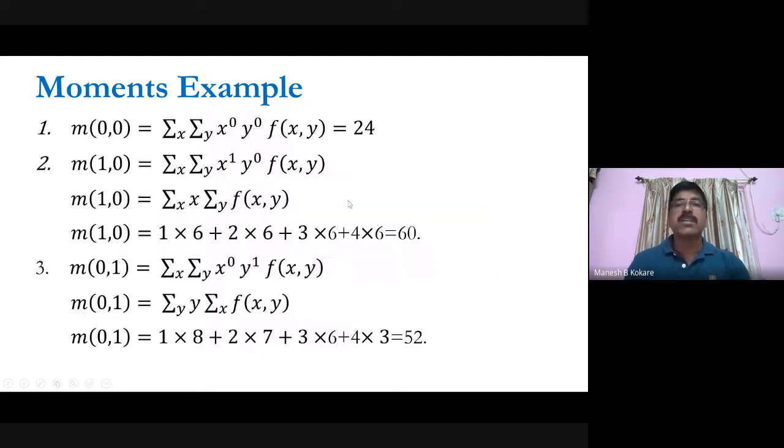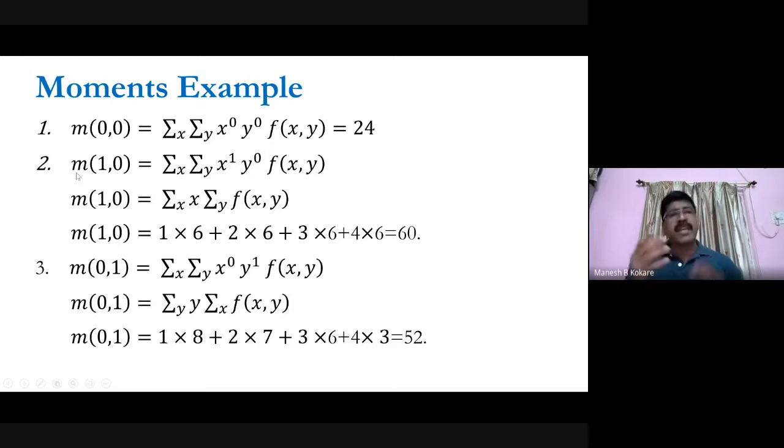This is nothing but the mass of the object. You have added all the intensities of the pixels within that region, and that gives the mass of the object. That is nothing but m00. This can be used as one of the features for representing the shape.